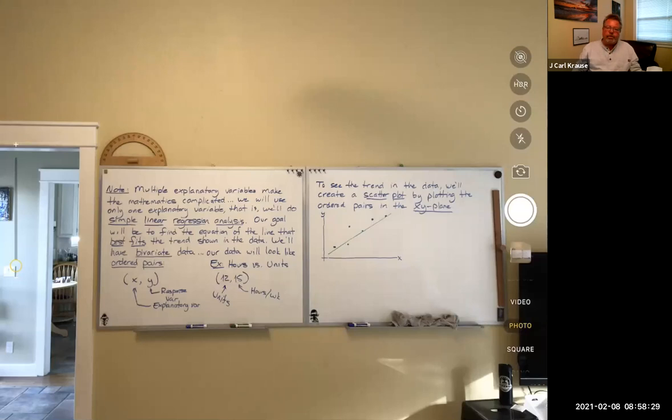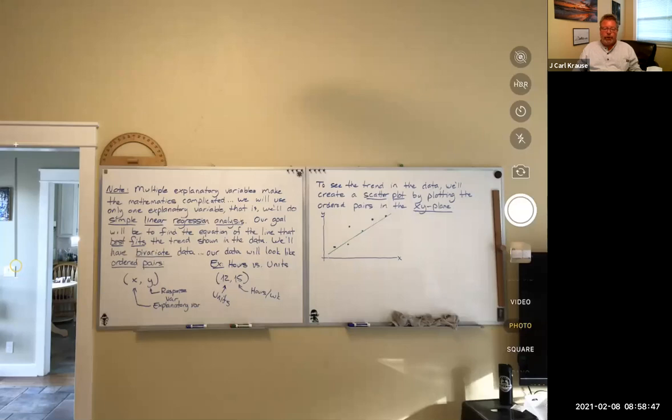So it's just way too complicated right now to turn this course to multiple variable analysis. If you're interested in seeing multiple variable analysis, it is covered briefly in our textbook.